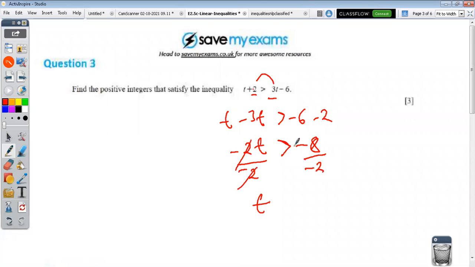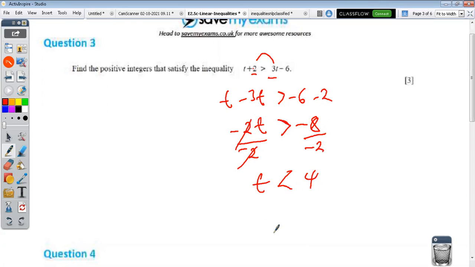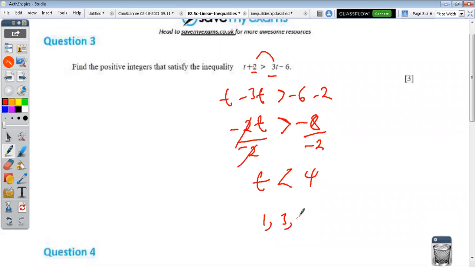Then I get t, the sign changes, less than 4. So positive integers are 1, 2, 3. If you listed 4 it is wrong, because t has to be less than 4. So we can't include 4.